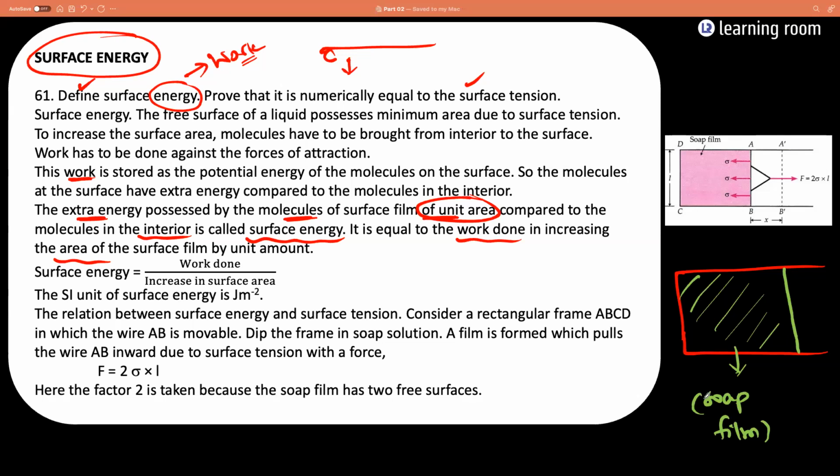And if you expand the soap film from AB to A dash B dash, I have to mention this point.